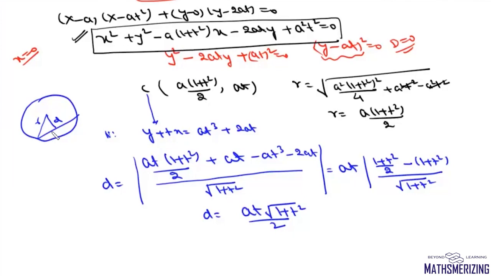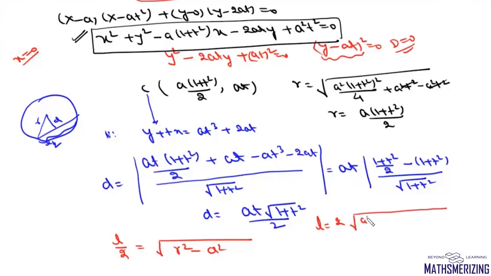Now we can write the length of this chord. So this is L by 2. So we can write L by 2 is equal to under root of r square minus d square. So basically this length L will be 2 times under root of r square minus d square. R square simply is a square (1 plus t square) whole square upon 4, and then minus d square. D square is a square t square (1 plus t square) upon 4.